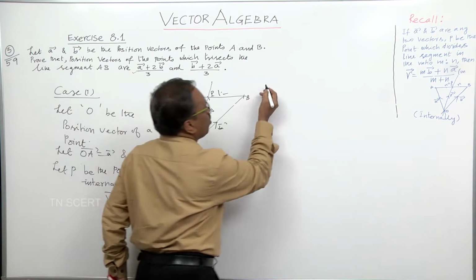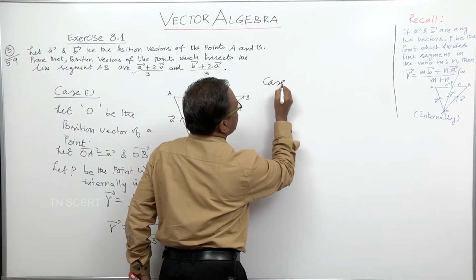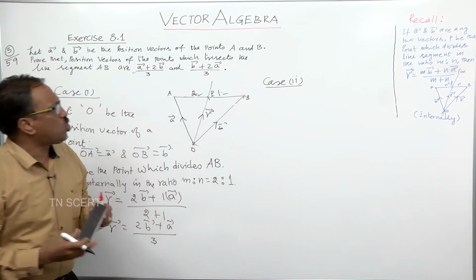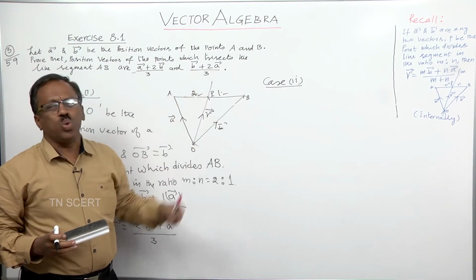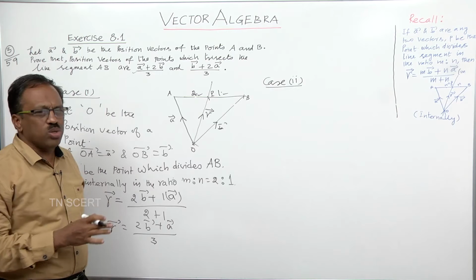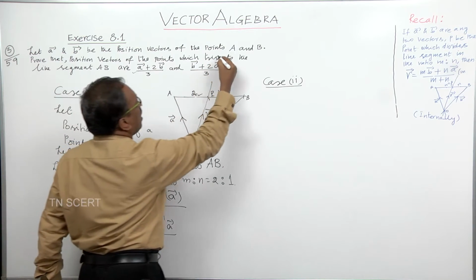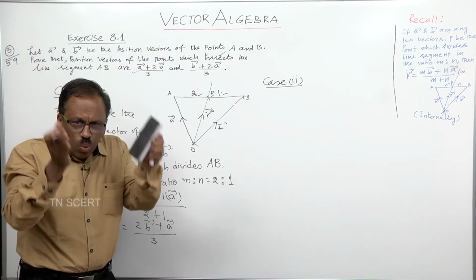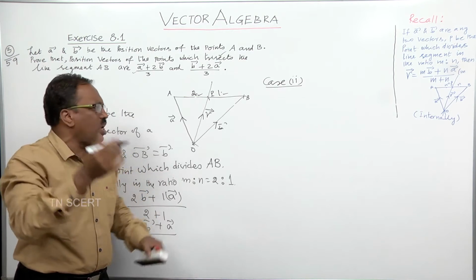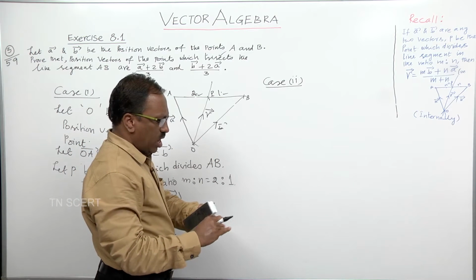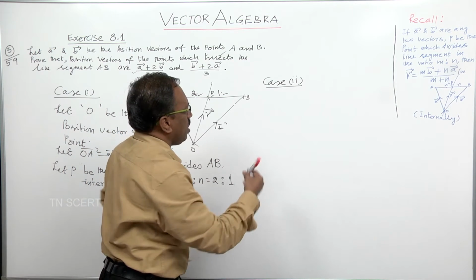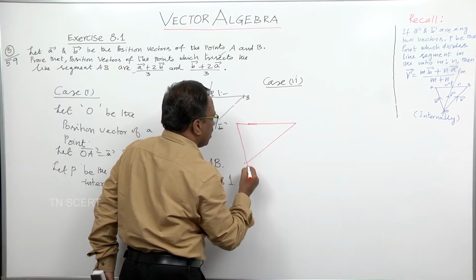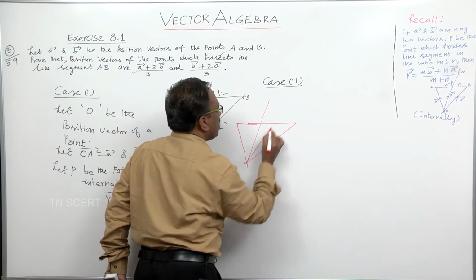And the second case is, what is that? Case 2. We wish to prove the second result, (b vector plus 2a vector) by 3, for which also we have, because the question is very clearly given, trisects. Trisects means it divides into 3 parts, like this way. Actually trisects means you take a line segment like this and it divides like this.